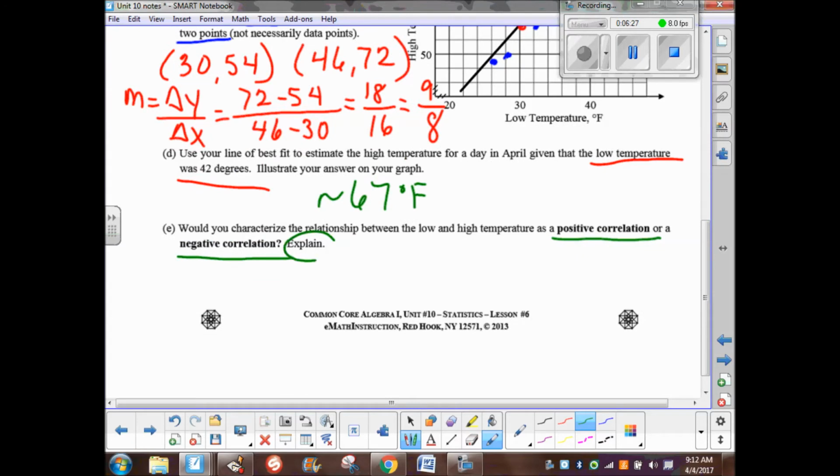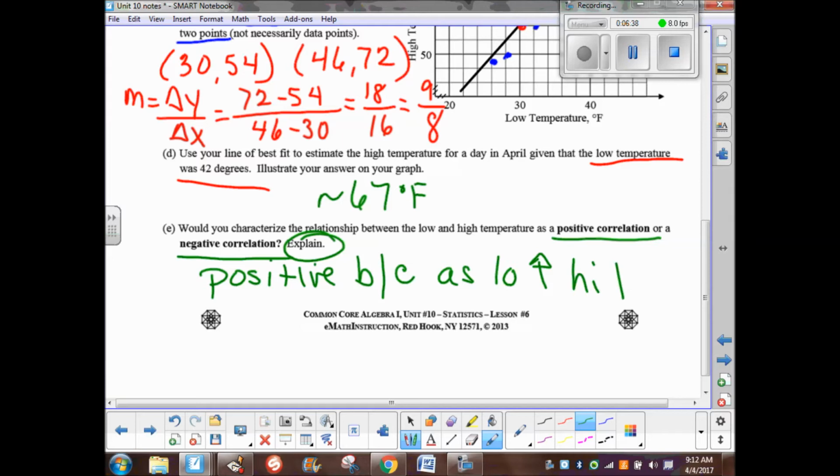And then it says explain. Positive because as low temperatures go up, high temperatures go up. Or in terms of the parameters of our line, the slope is positive. Therefore, it's a positive correlation.